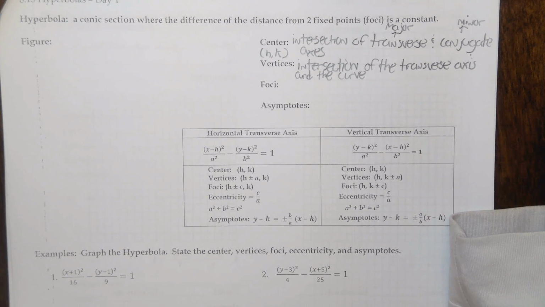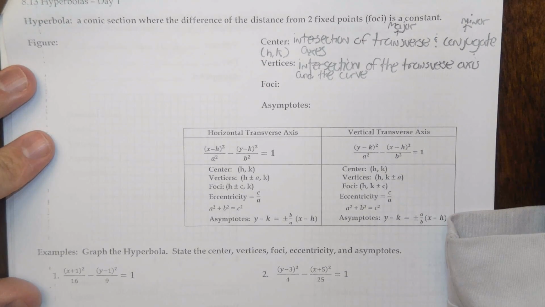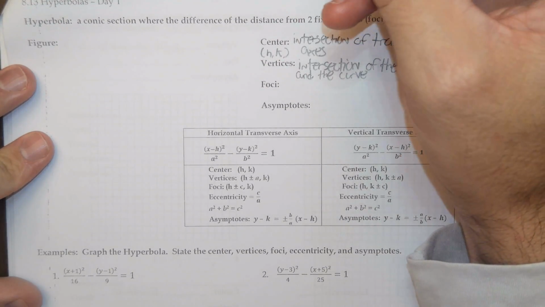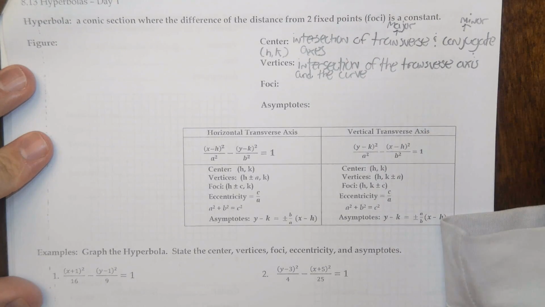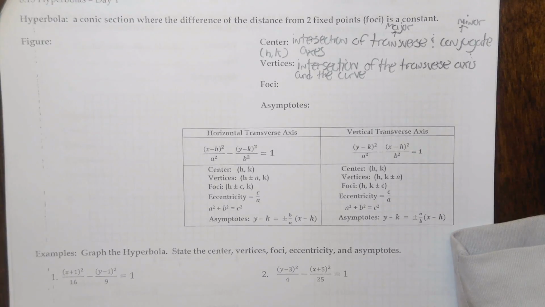Okay, so let's talk about foci. This time again we've got two foci, same like we did with ellipses. Foci is the term for multiple focus.